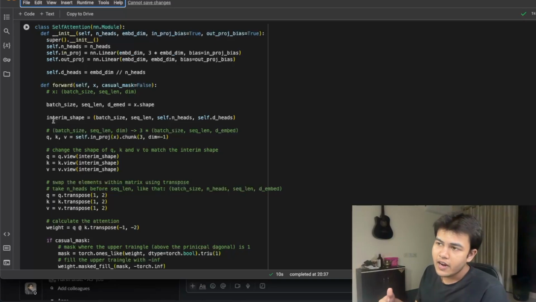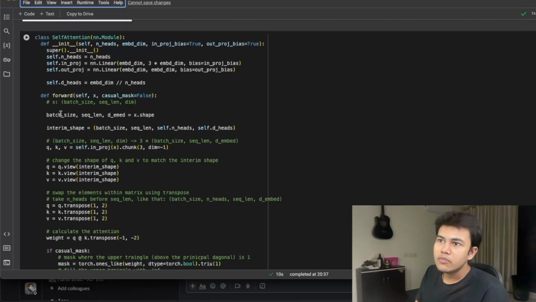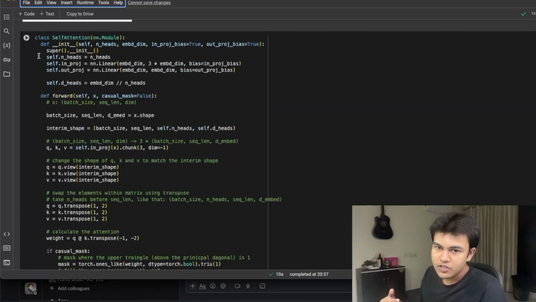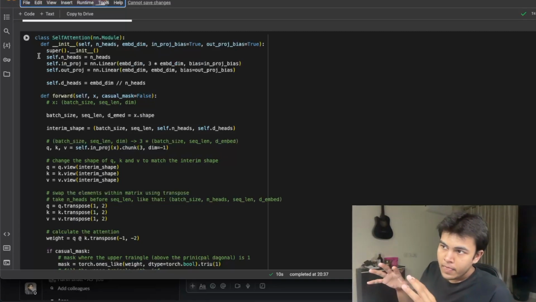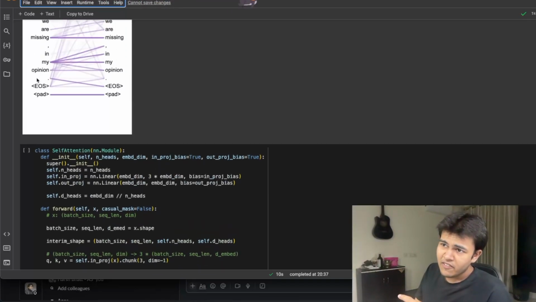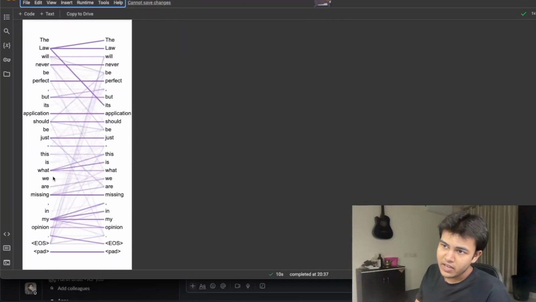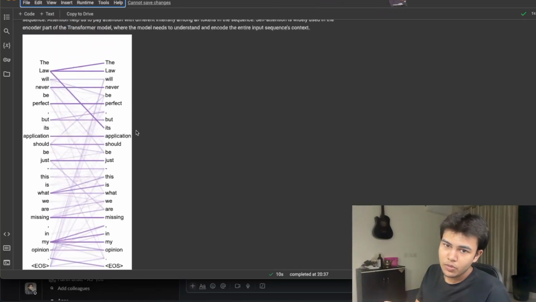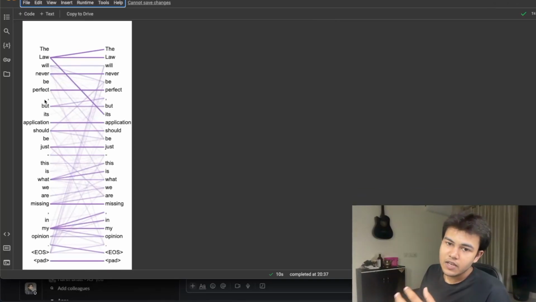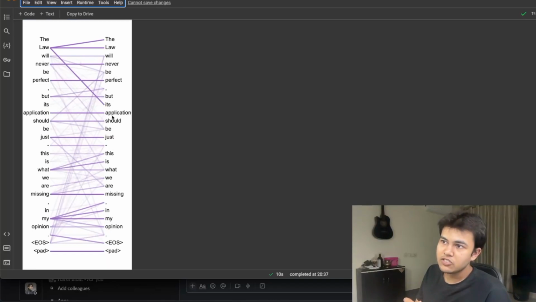There is also cross attention, which I'm not going to talk about here, but self-attention is specifically for the same sequence. Let's suppose you have a sentence, it will divide into tokens of the same sequence and then match them to each other.